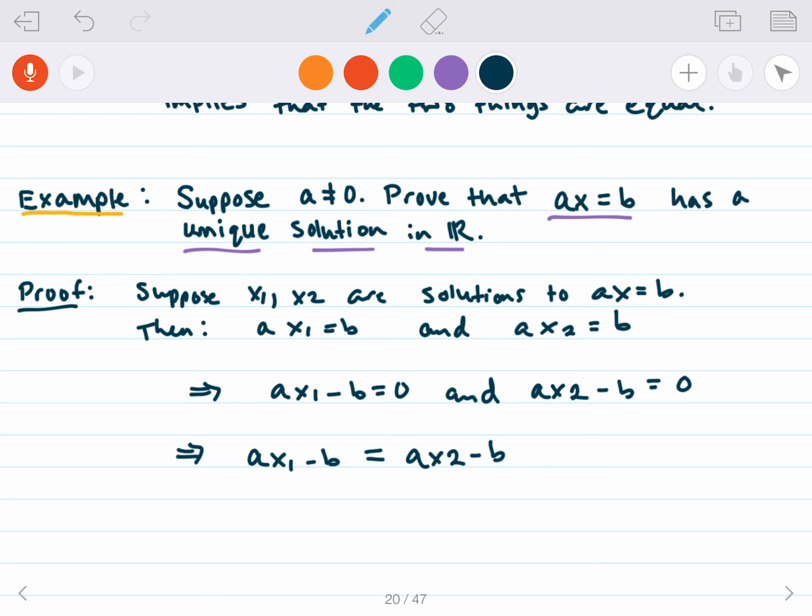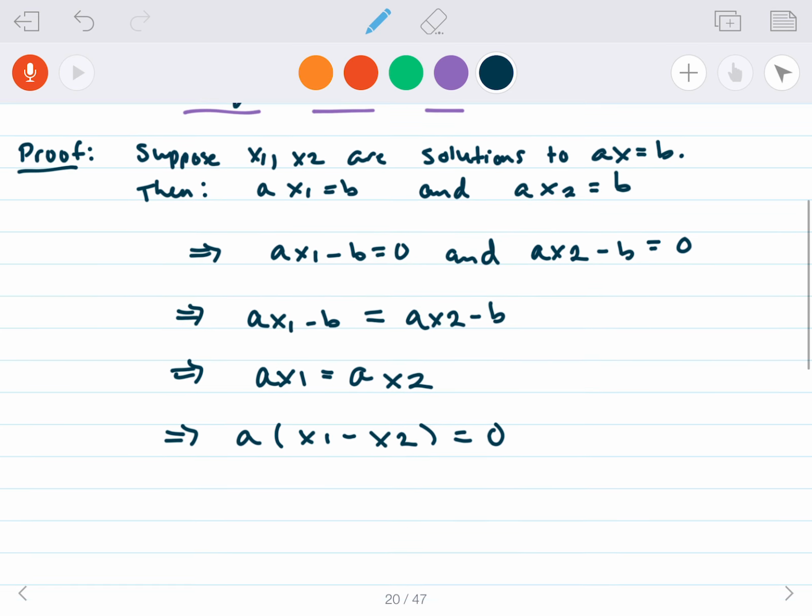And we can cancel out the b's, right? We can just add b to both sides to give us this. a times x2. We can subtract again to get a times x1 minus x2 equals 0. And so, as you learned in college algebra, we have the zero product property.